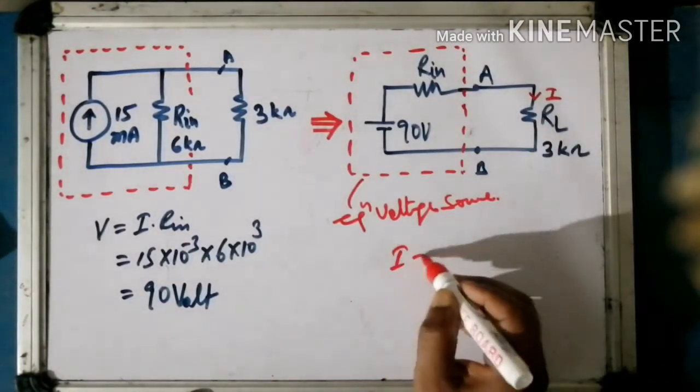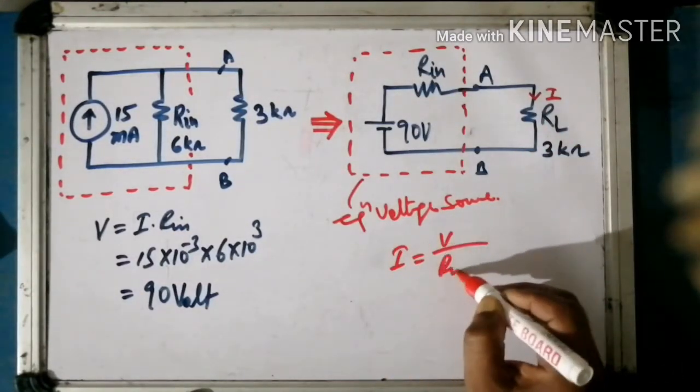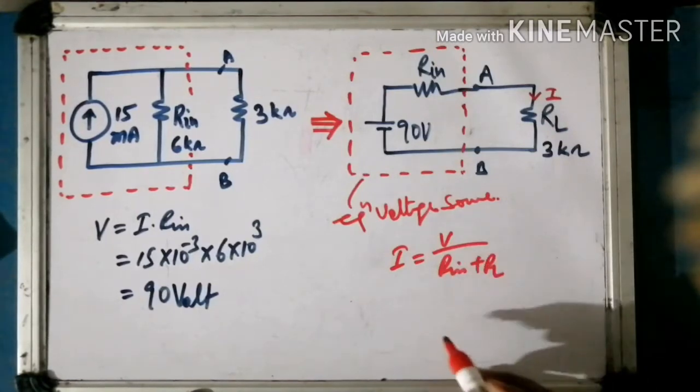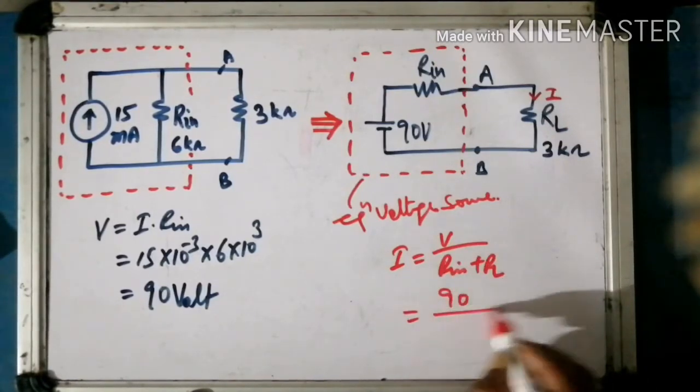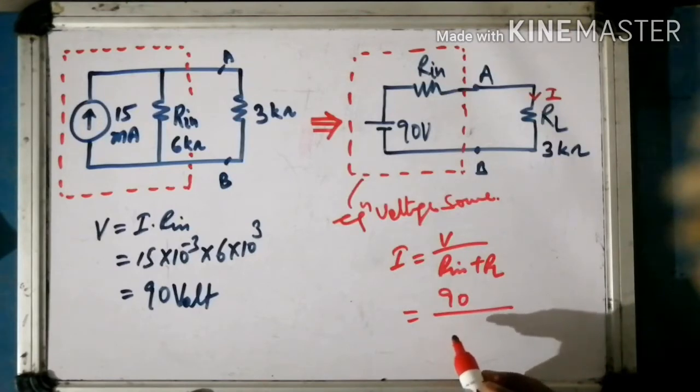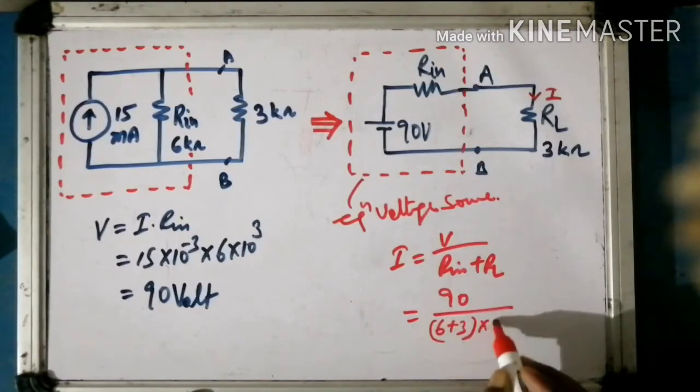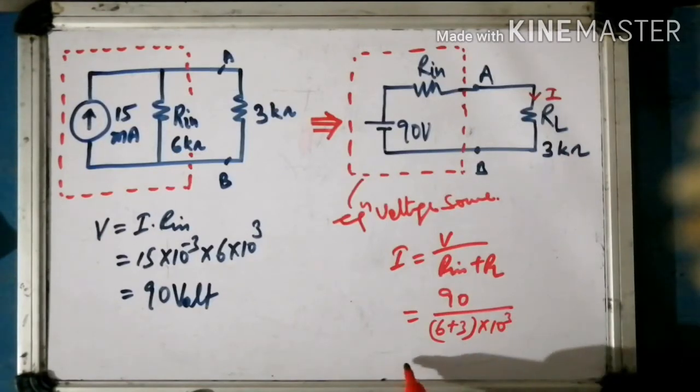I is equal to V divided by Rin plus RL, that is 90 divided by 6 plus 3 into 10 to the power 3. Finally it is 10 milliampere, right?